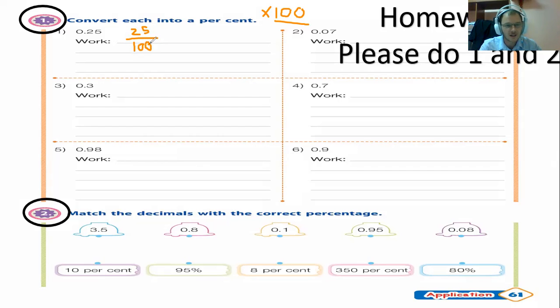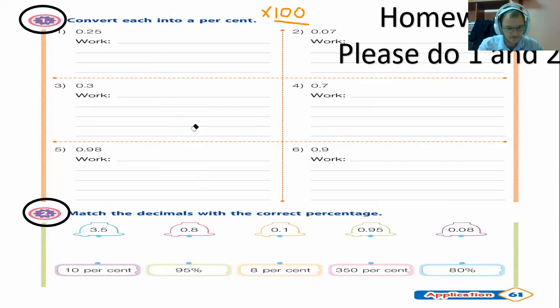For example, 25% will be 25 over 100. But here we're only going to convert our decimals into percentage.